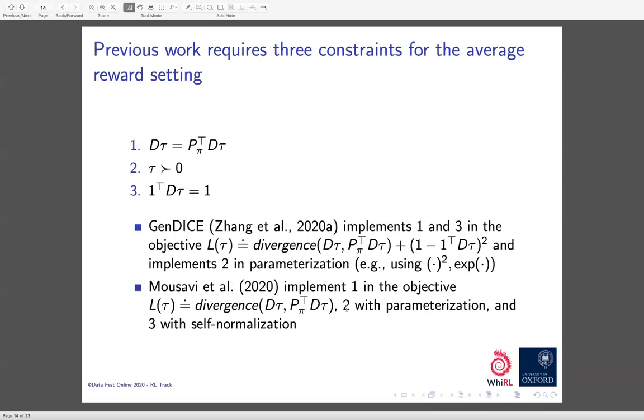But the problem is once we use special parameterization, the optimization problem usually becomes non-convex, which means we don't have an effective algorithm to optimize the non-convex objective. So usually we lose convergence guarantees for GenDICE and Mousavi et al.